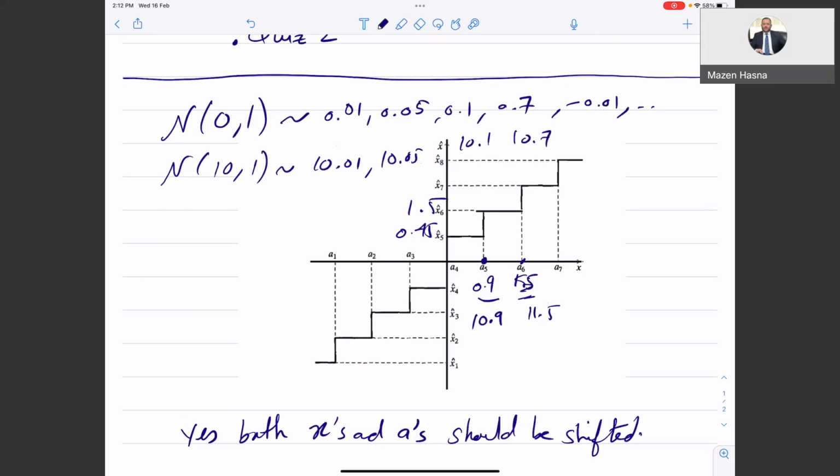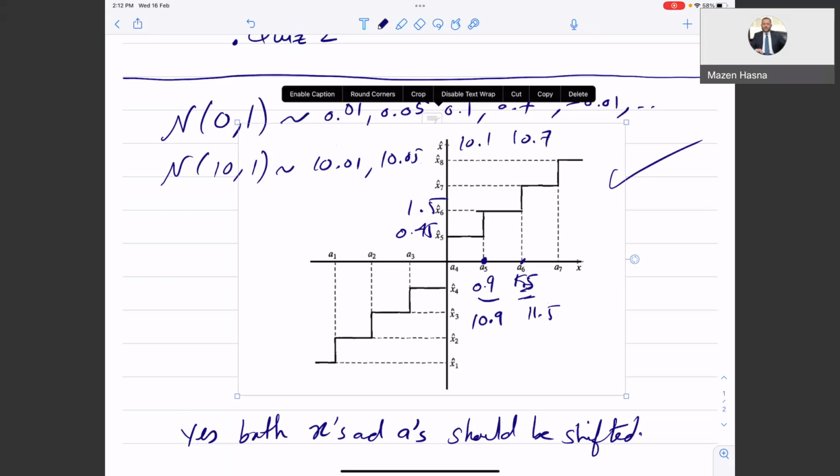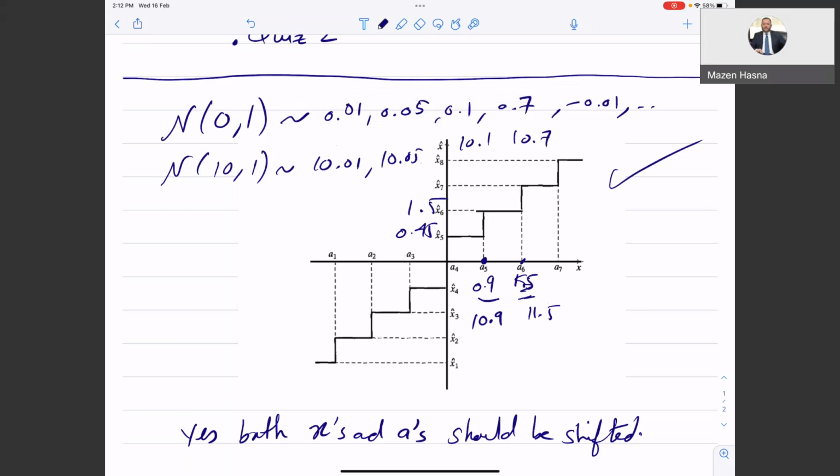Either you do it this way, or you subtract the mean from the input signal and then use the same quantizer as is. Then at the output you add the 10 again. Yes, because it will be a bigger quantizer.